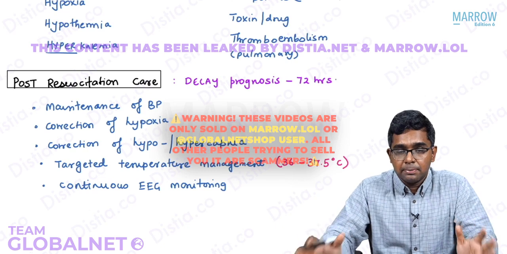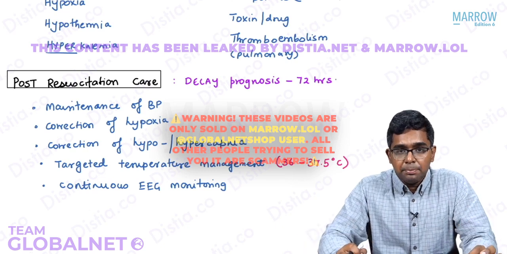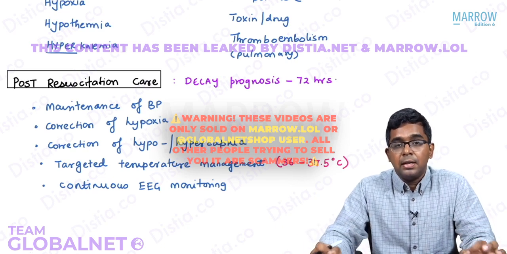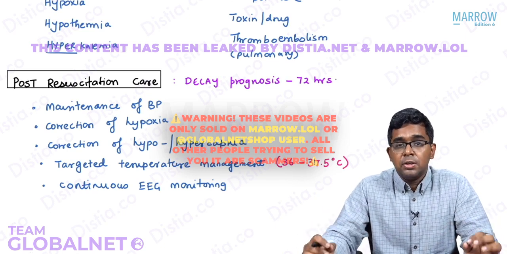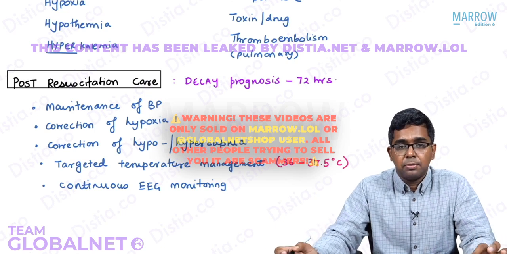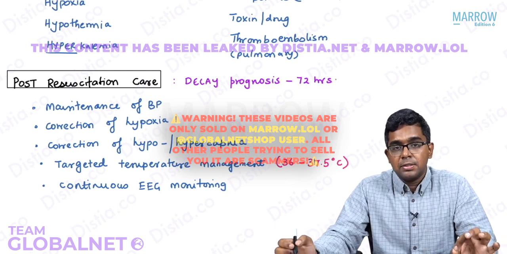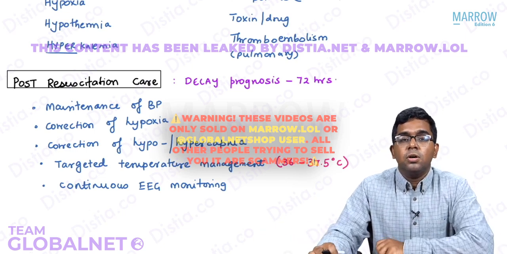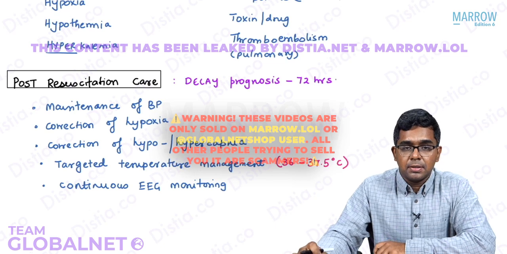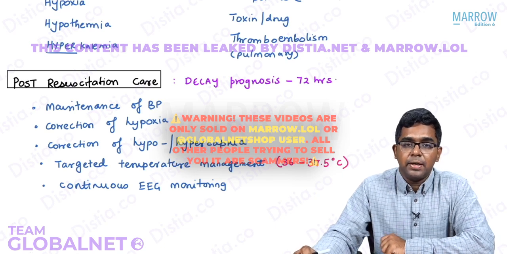So what you do in the typical setting, you give a guarded prognosis in the first 72 hours, and after 72 hours, depending on the different vital parameters, you can give a good assessment of outcome in that patient. So that is the importance of delaying prognosis till first 72 hours after the event. So this is all about cardiopulmonary resuscitation according to PALS 2020 guidelines.